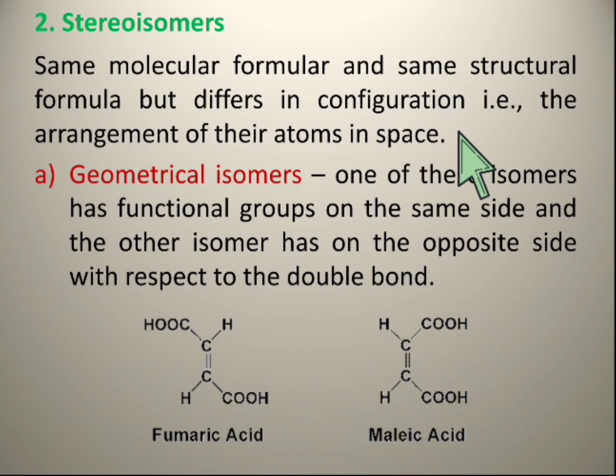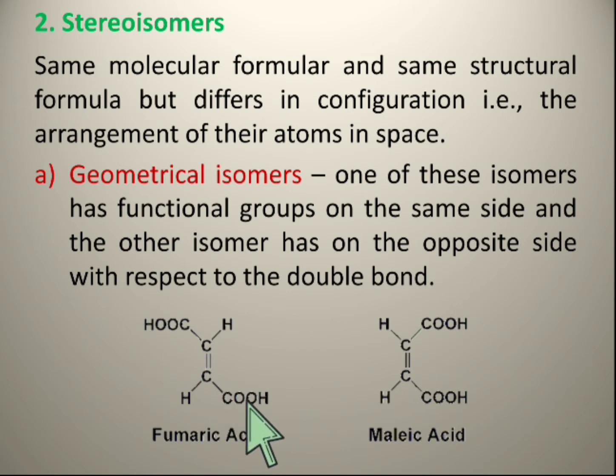Under this category, we have the first one, geometrical isomers. In geometrical isomers, one of the isomers has the functional group on the same side, and the other isomer has the functional group on the other side.